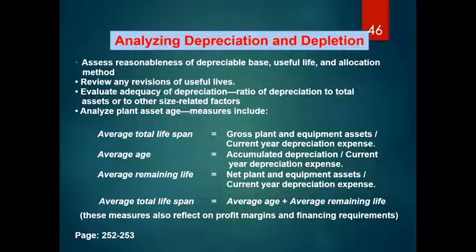That is the ratio of depreciation to total asset or to other size related factors. We can also analyze the plant asset age by measuring the average total lifespan, average age, average remaining life and average total lifespan.